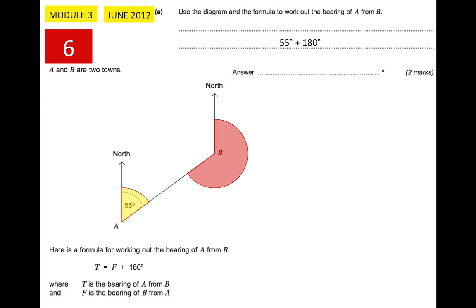So 55 plus 180 means that the red angle is 235 degrees. So if you're at B and you want to turn in the correct direction to head for A, then you need to be facing 235 degrees measured clockwise from north.